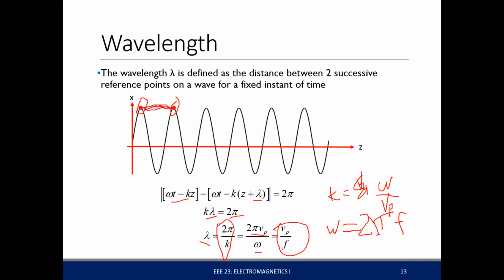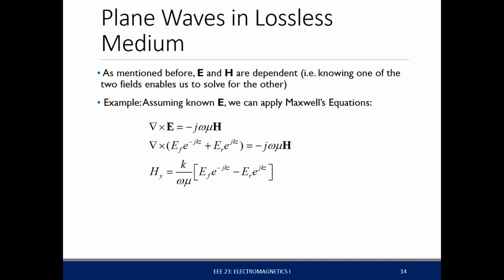Okay? So to sum it all up, as mentioned before, the electric field and the magnetic field are dependent on each other. So knowing one of the two will solve the other. Assuming that we know the electric field, you can apply Maxwell's equations to solve for the magnetic field.